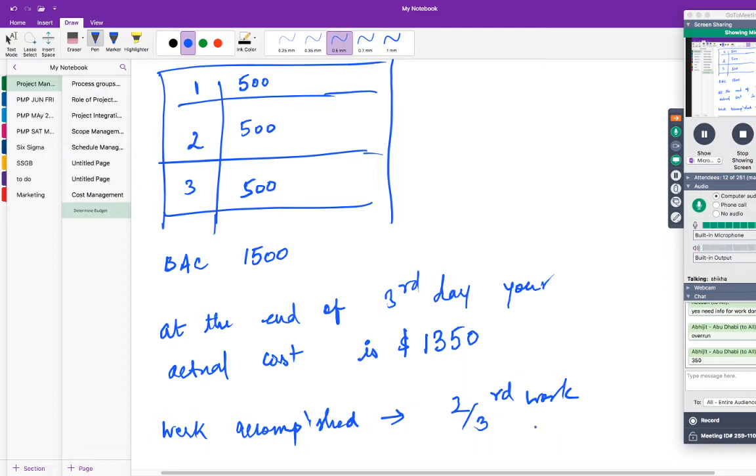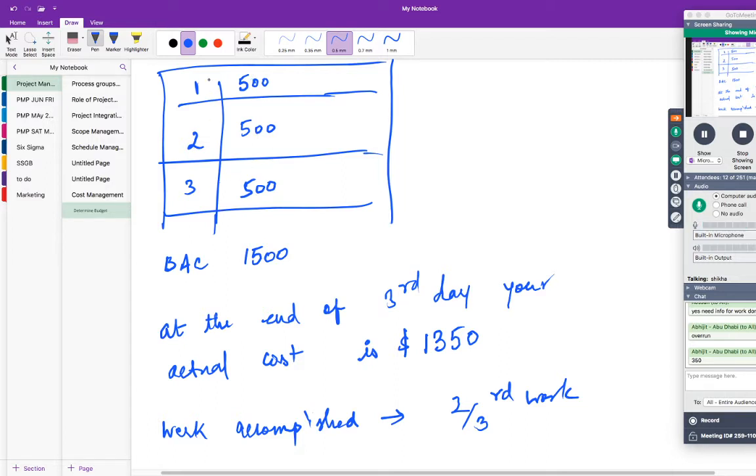Budget for what? You're up to the second day, right? So for the 2/3 of the work, what is your budget? So 1000 is for the 2/3 of the work, and 1/3 of the work is 500. You can convert this into work progress, and also into schedule.